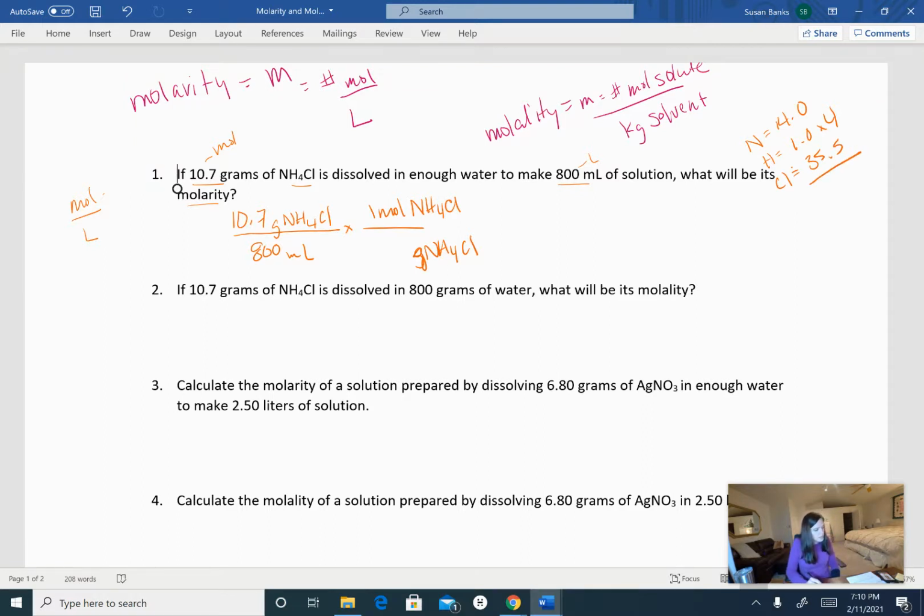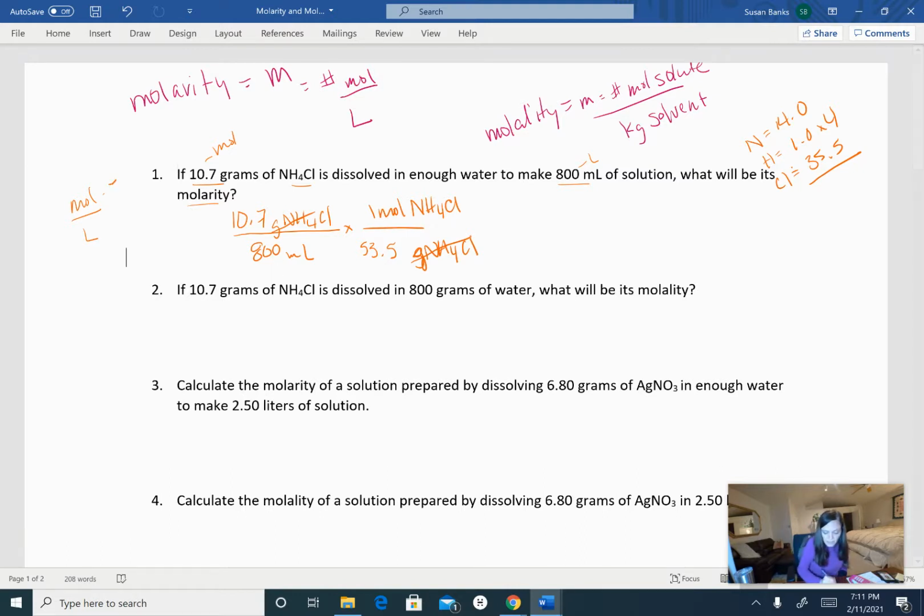Okay, when we add that up, that gives us 53.5. So we have 53.5 grams of ammonium chloride in 1 mole. Notice my grams cancel out, and I've got moles, which is what I want on top.